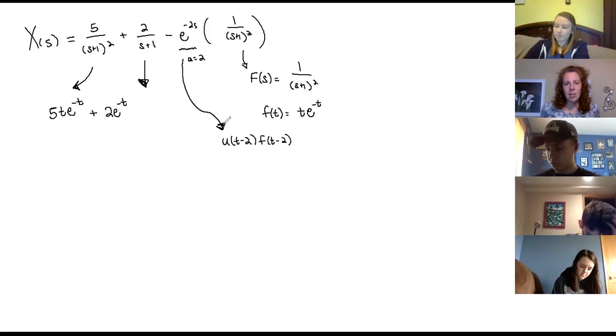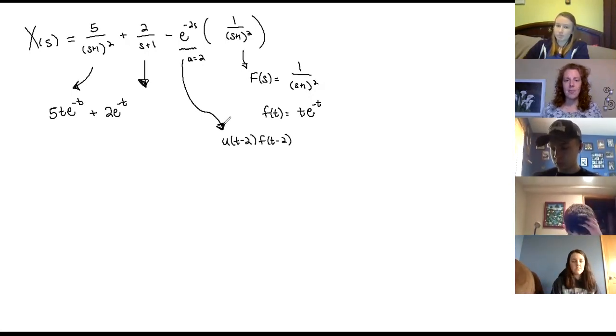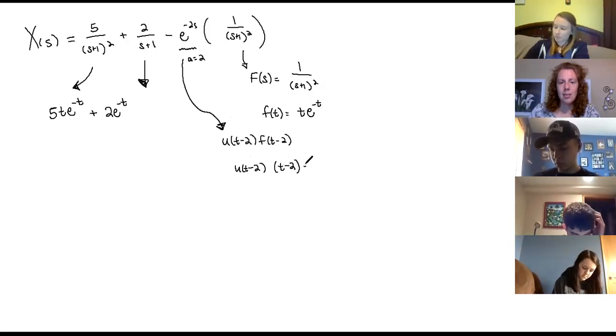And so that gives me u of t minus 2, t minus 2, e to the negative times t minus 2. And you can distribute that negative in the exponent if you want to. You don't have to, but you can.